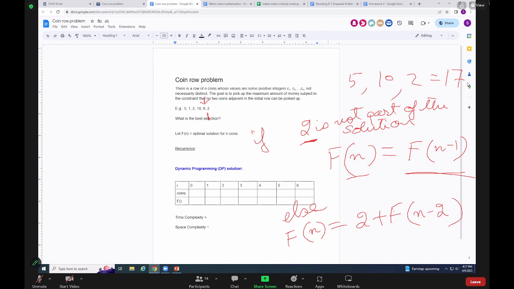Does this make sense to everyone? 5 and 1 were there. 5 and 1 both cannot be there because they're adjacent. Started with which 2? The first 2? Okay. You cannot add 10 because you are here, right?